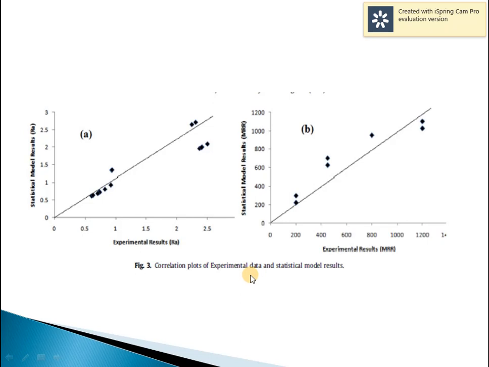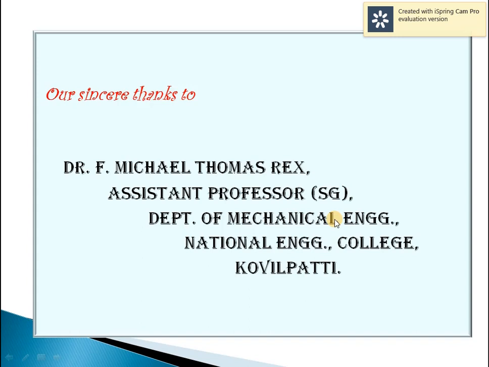In the same way, with the same procedure, the regression model has been generated for the second output response, that is material removal rate. The correlation plot for the generated regression model for the second parameter, material removal rate, is like this. Okay. So in this way we can generate regression models.